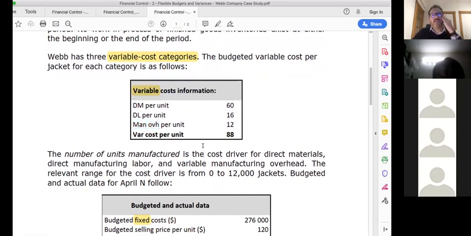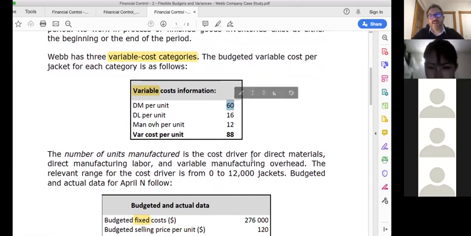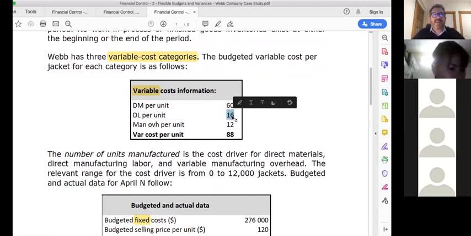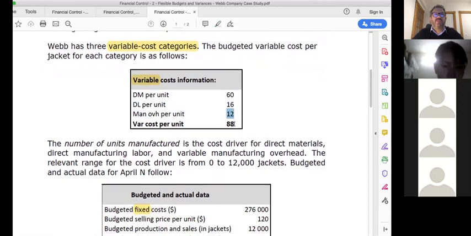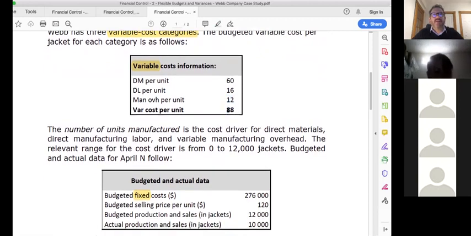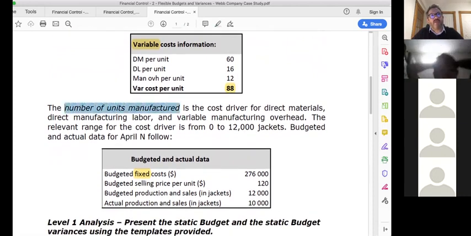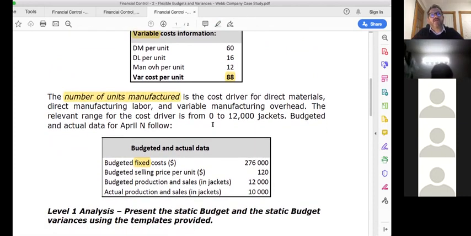To manufacture a jacket we need to spend $60 of direct material, $16 in terms of direct labor, and some other variable manufacturing costs of $12. This is the information we have. The number of units manufactured is the cost driver for direct material, direct manufacturing labor, and variable manufacturing overhead.